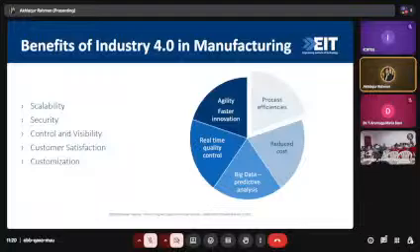These are all possible because of data science, because that's a big part of Industry 4.0, where huge amounts of data are being processed in real time, and analytics, computer vision are allowing things to happen. So that's the idea.